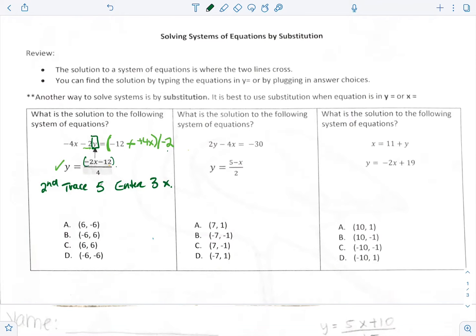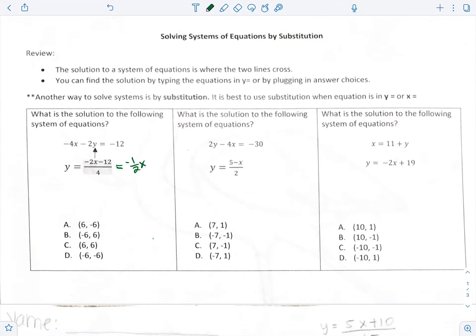Something else I want to mention is that if we want to continue with substitution, because we learned that yesterday, we can also do that. I am going to erase what's here, so if you want to write that down, go ahead and finish up. Let's say we want to do substitution and not graphing. I'm going to simplify this so that negative 2x divided by 4 is negative 1/2 x.